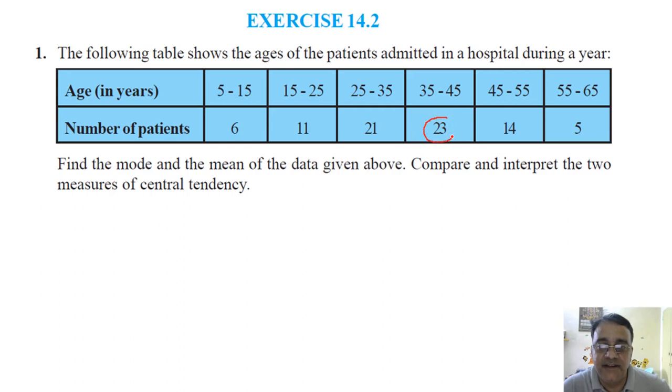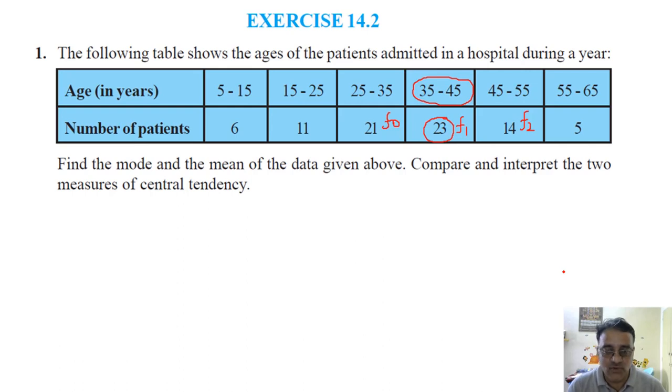So this is F1. Immediately you write F1 जब भी mode का question आता है, and this is model class. Okay, and F1 से पहले वाला जो frequency है that is F0. F1 के बाद वाला जो frequency है that is F2. And what is the class size of all the class interval? 10. So what is the value of L?